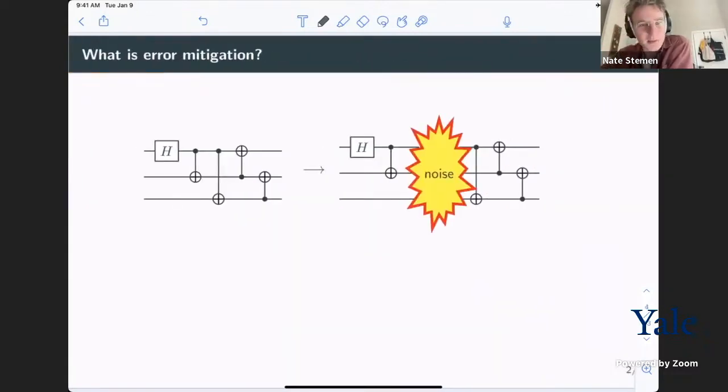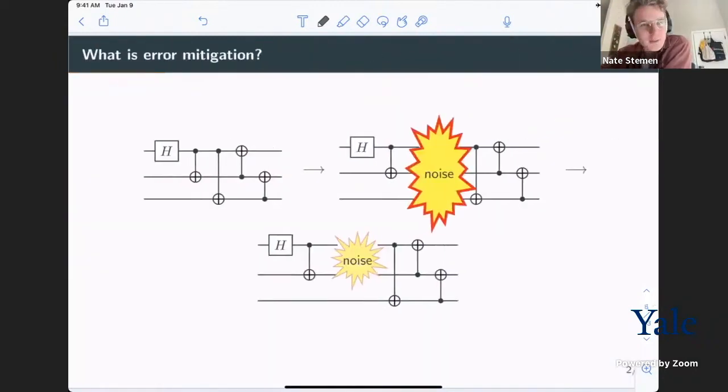And what happens isn't quite your circuit that you send to the computer, right? So something else happens. And so error mitigation is about accepting that scenario, first of all, accepting that we're going to have noise in our systems, and trying to make it a little smaller in whatever way that we can do that.